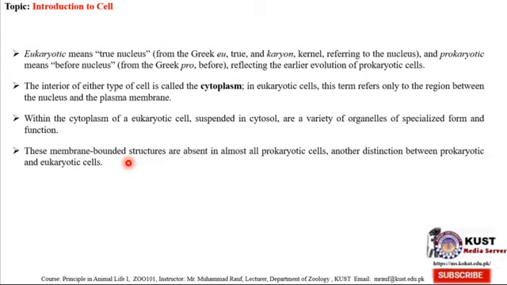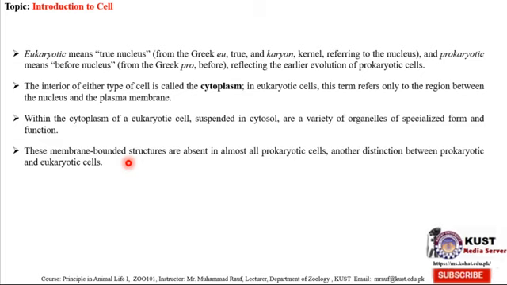So now we are discussing the differences between the prokaryotic and eukaryotic cells. The major difference is that prokaryotic cells lack a well-defined nucleus, whereas eukaryotic cells have a well-defined nucleus. And the second difference is that prokaryotic cells lack membrane-bounded organelles. Membrane-bounded organelles means organelles which have a membrane surrounding them.